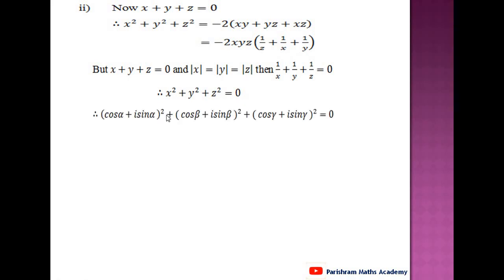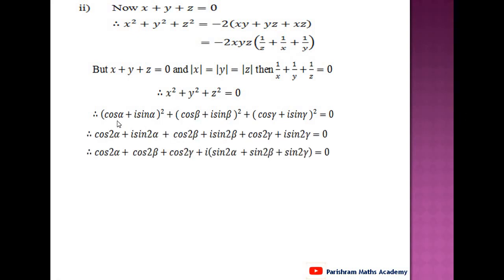And therefore x is nothing but cos alpha plus i sin alpha, y is cos beta plus i sin beta, and z is cos gamma plus i sin gamma. Putting the values of x, y, z, we get this result. But (cos alpha plus i sin alpha) squared is the same as cos 2 alpha plus i times sin 2 alpha by using De Moivre's theorem.